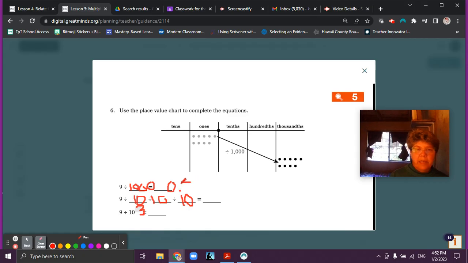I'm just going to write it one time, but please make sure you're writing it all 3 times in your book on number 6 on page 46. Okay? Sorry, it's a little messy there. 9 thousandths, and then this is 9 thousandths, and this is 9 thousandths. They're all the same answer.